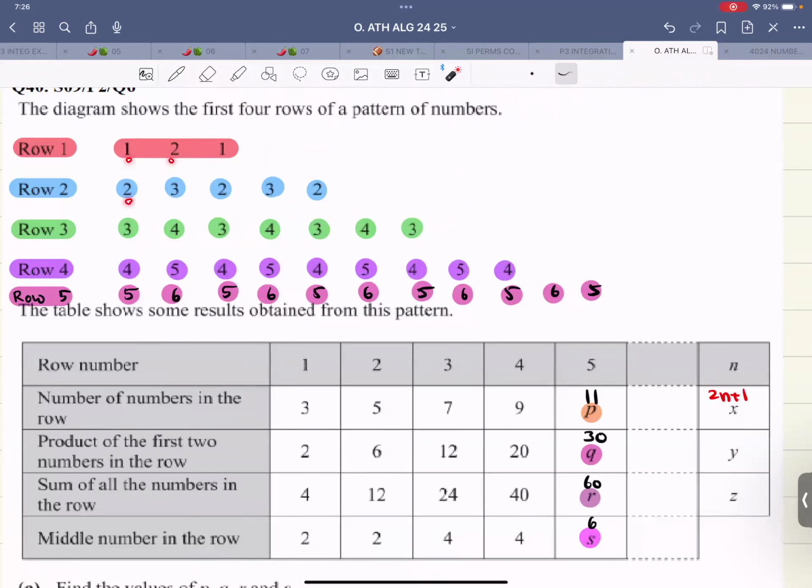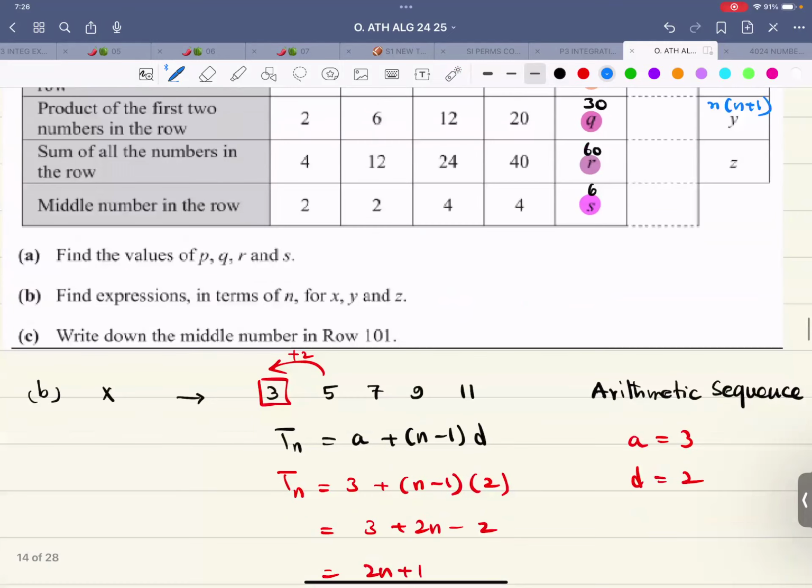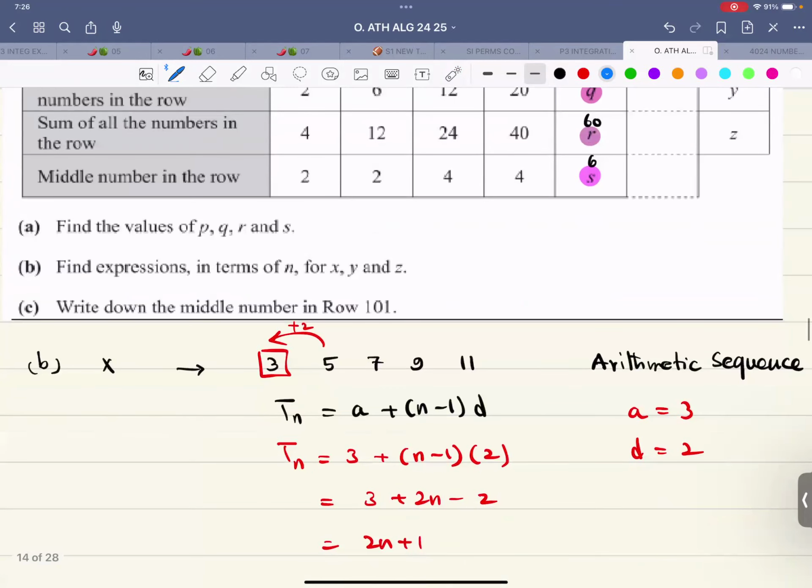The second is this. That's 2 into 3, 3 into 4. So basically, this is n and this is n plus 1. I think that is the observation. This is n and this is 1 bigger. So if I talk about y, I'll write y is n plus 1. That is by sheer observation. So y is n plus 1. That thing is done.